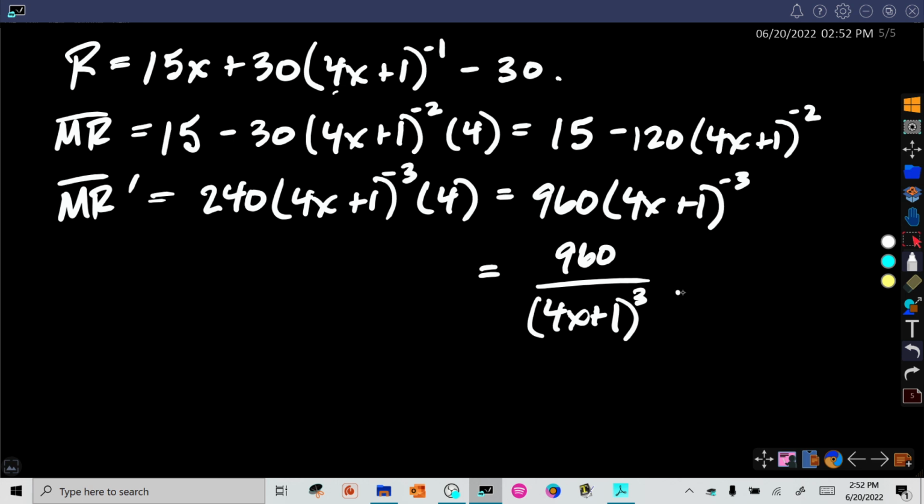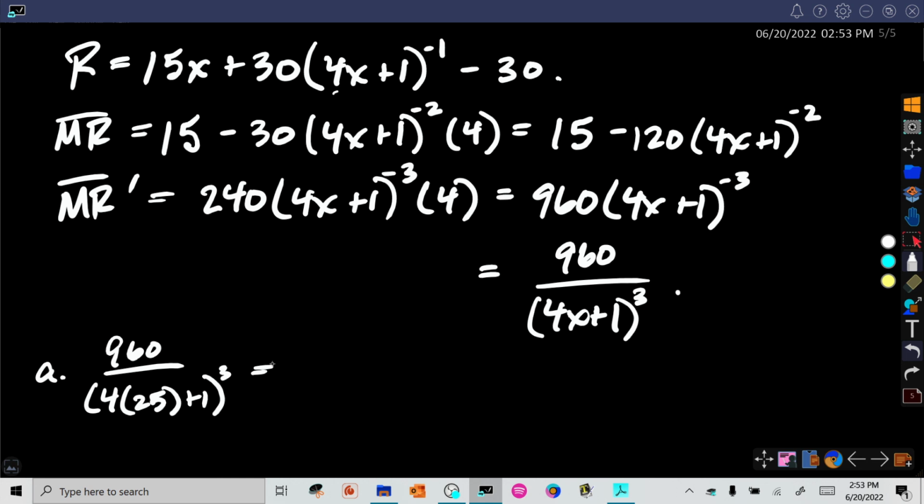So x is the number of units, and in the very first part they're asking us to figure out the rate at which the marginal revenue is changing when the number of units being sold is 25. So I'm subbing 25 in for x in this second derivative. For part A, we get 960 divided by 4 times 25 plus 1, to the third.